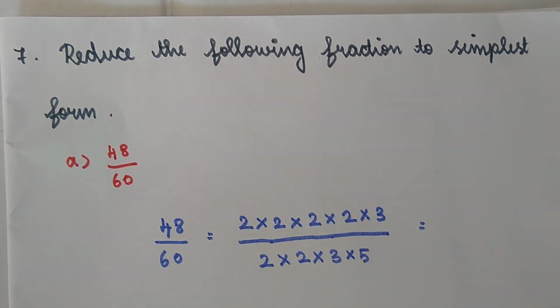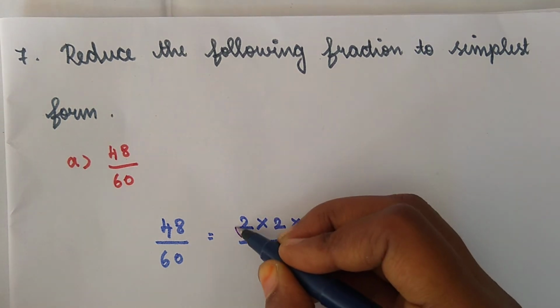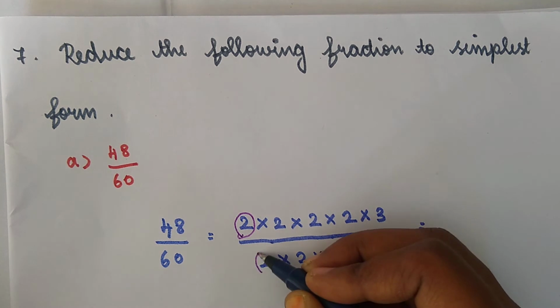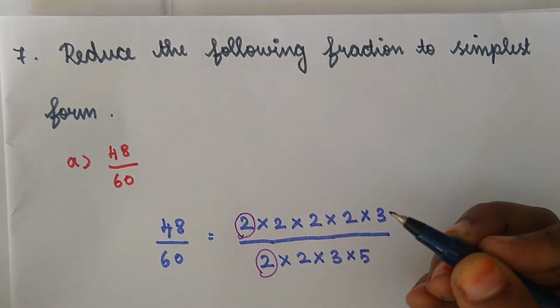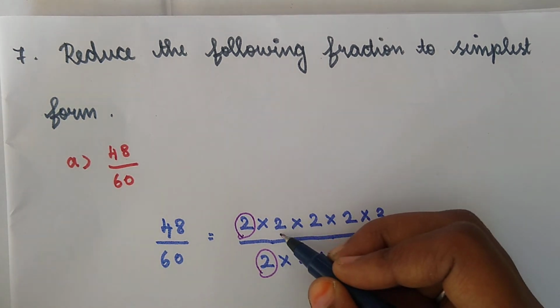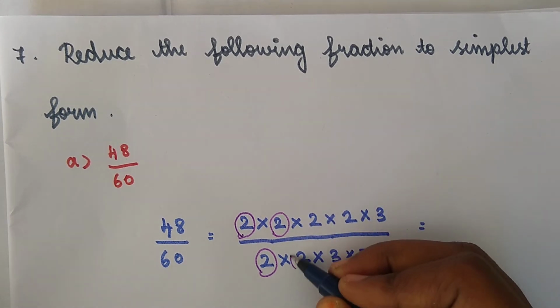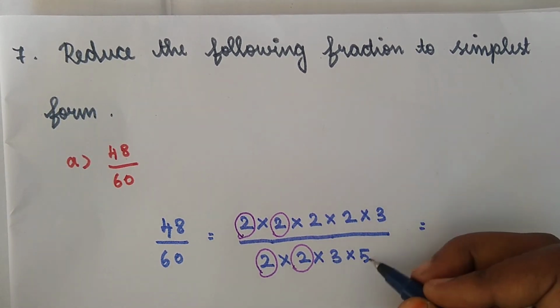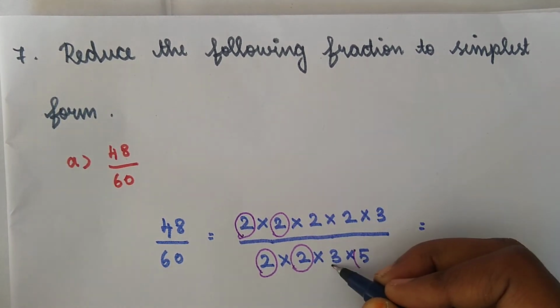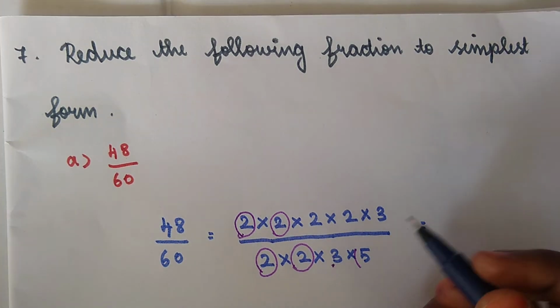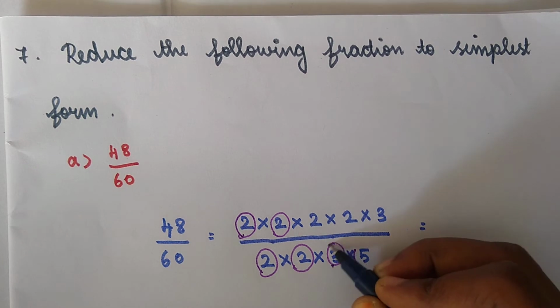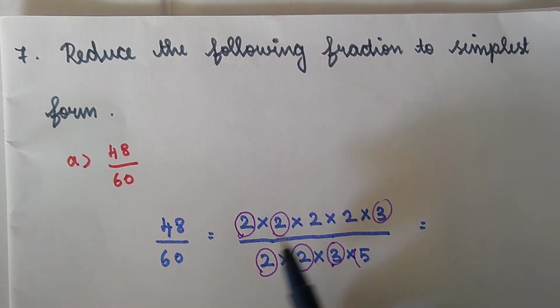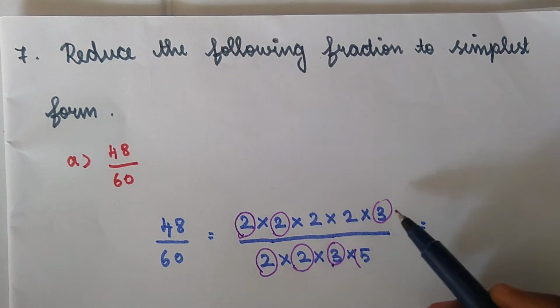Here, which are the common factors? The common factors are 2, 2 and 3.